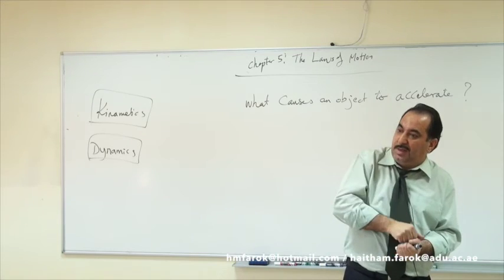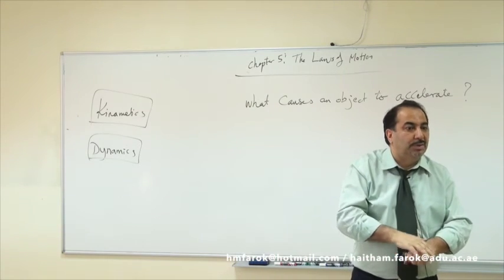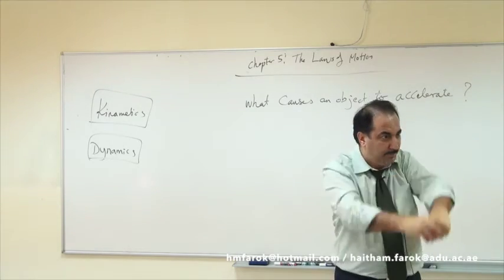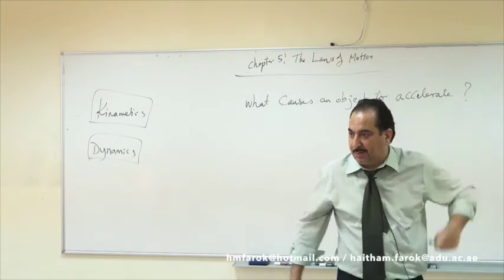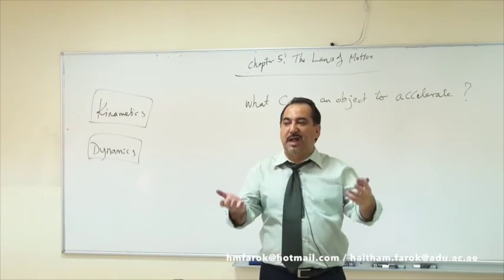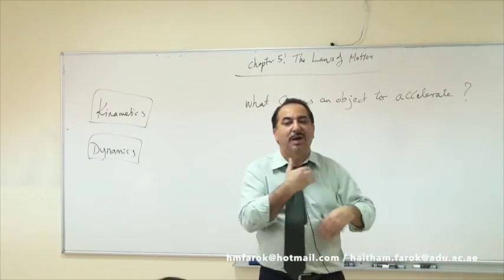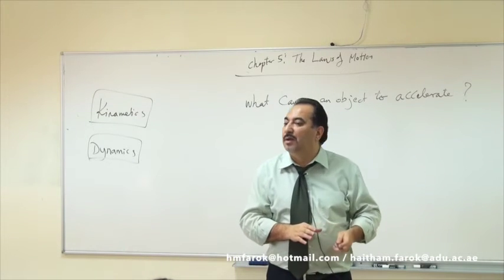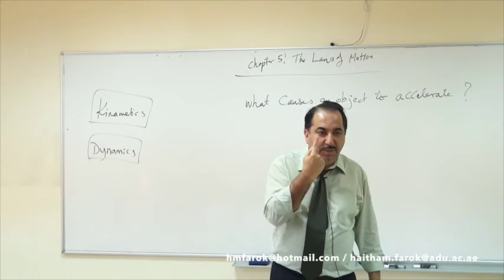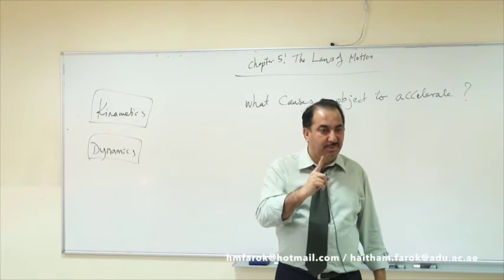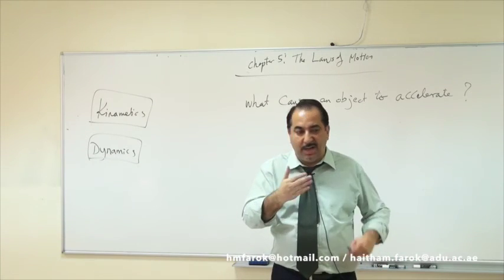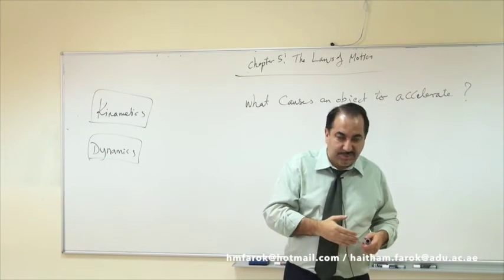A bigger, stronger explosion, to apply a bigger force on the crankshaft, so you give a bigger torque to turn the wheel. So now you should answer the question. What causes an object to accelerate? Energy? Not energy. What do you need? Give me one word. Force. So if you have a force applied on an object, you can change its velocity, accelerate it.